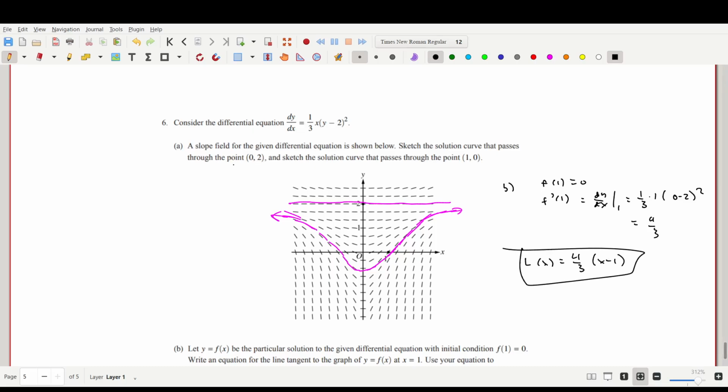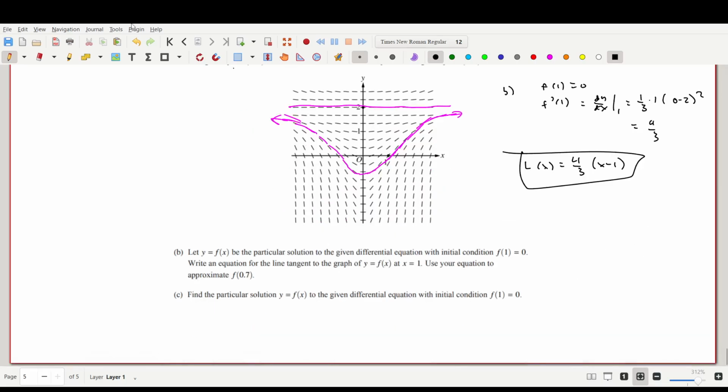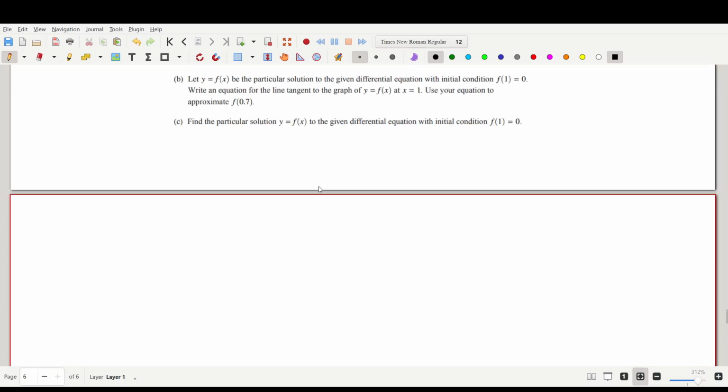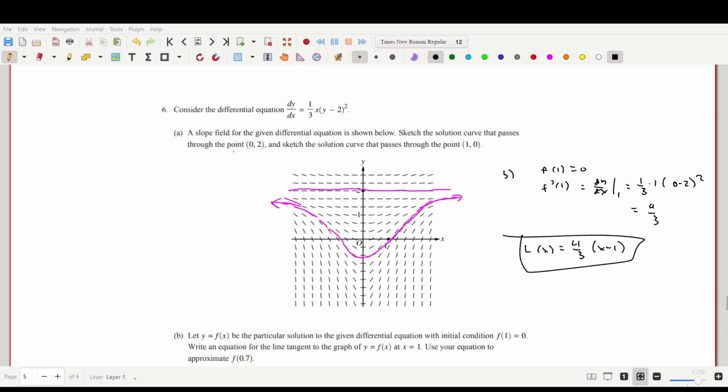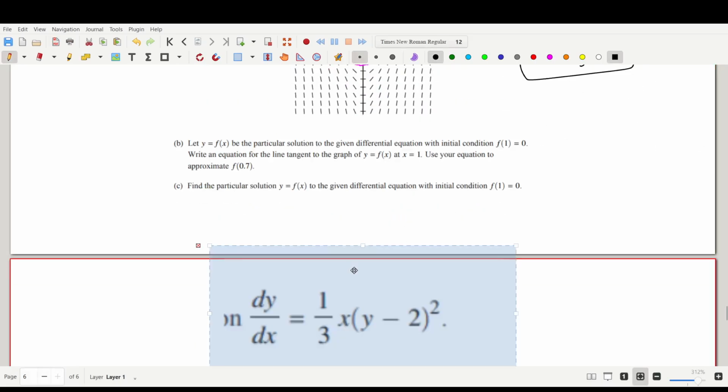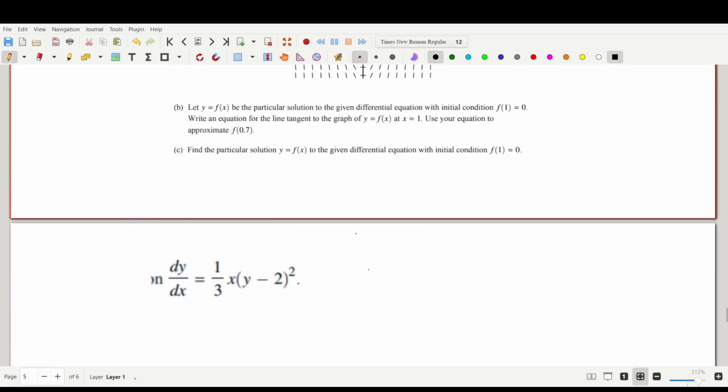Cool. C, find a particular solution. I want more space for that. So with f of 1 equals 0, let me just grab this differential equation again. That's the DE I'm working with. All right, just relaxed separation of variables. dy over y minus 2 squared equals 1/3 x dx.